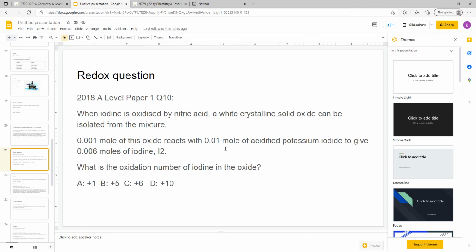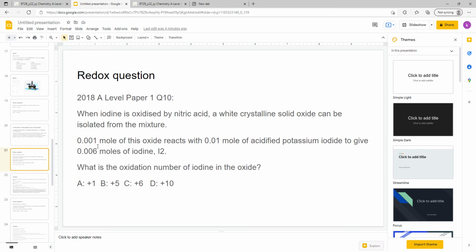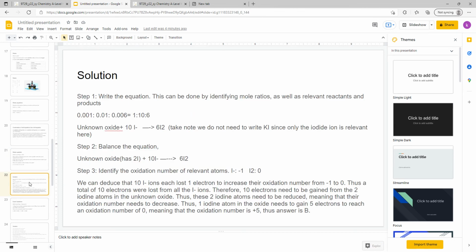The simplest way to create a mole ratio is to create a whole number ratio. So as you can see here, 0.001 is to 0.01 is to 0.006 is 1 is to 10 is to 6, right? So based on this information here, we know that there is 1 mole of unknown oxide that reacts with 10 moles of I- to produce 6 moles of I2.